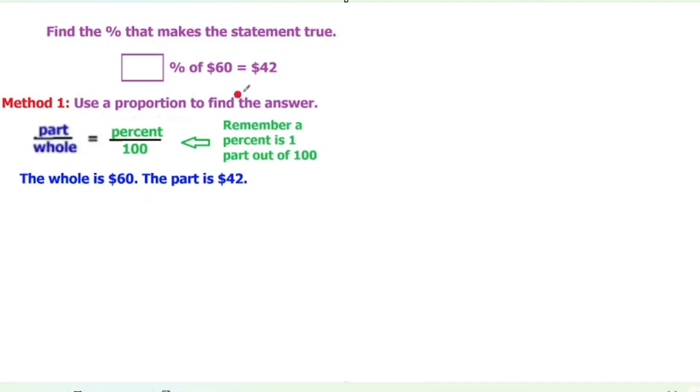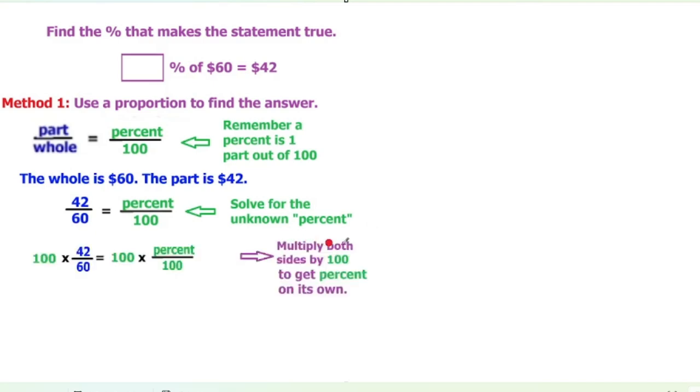This is the whole amount, $60, and the part that we're trying to find that it equals is 42. So we put that into this equation. The part, $42, over $60 equals percent over 100. And we're trying to solve here for percent, the unknown percent.